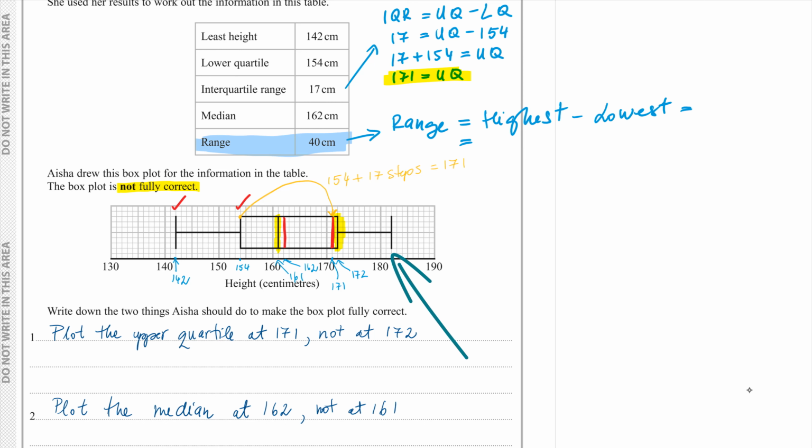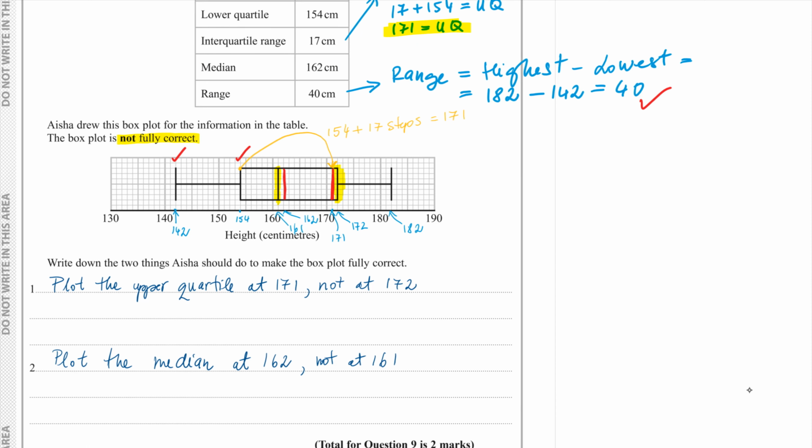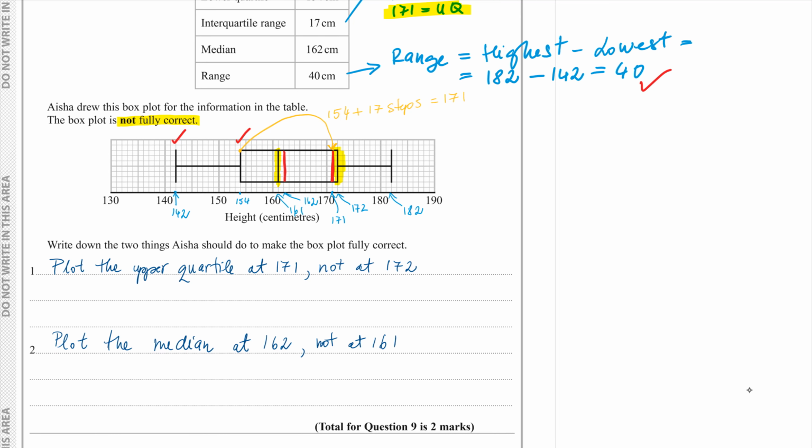The highest value is the last section of the box plot. This is drawn at 182, minus the lowest is 142. This is equal to 40, which matches the information from the table. So the range is correct.